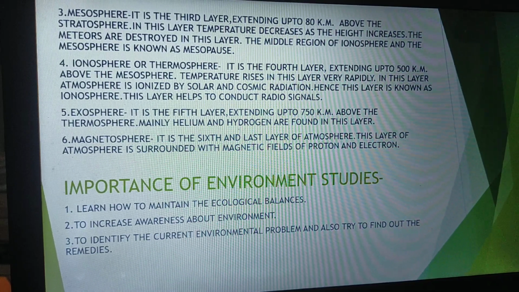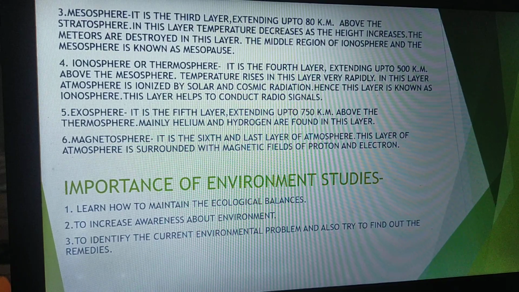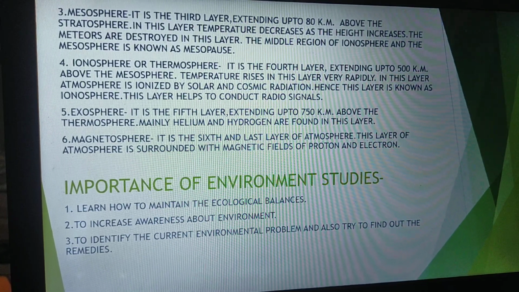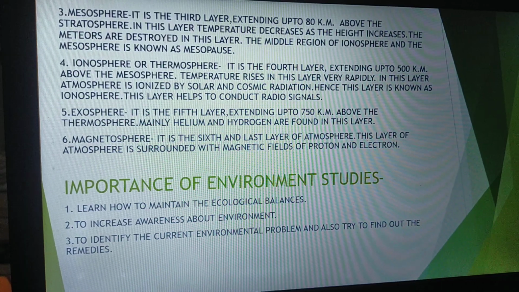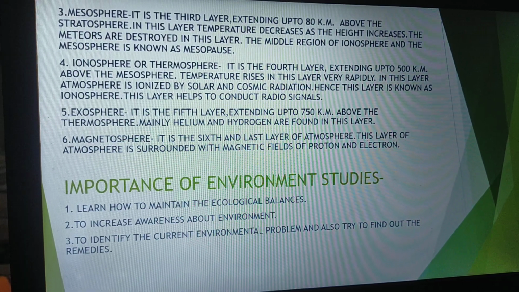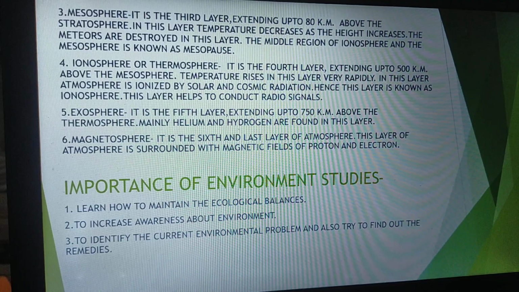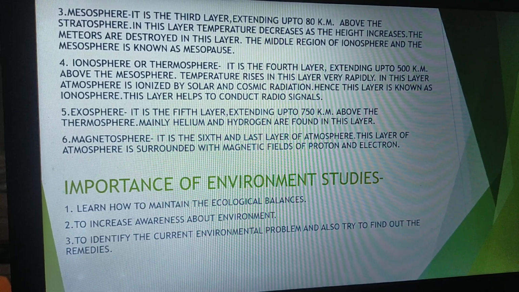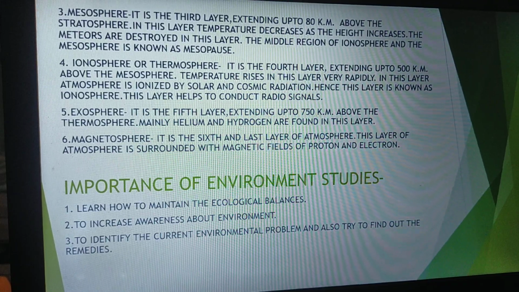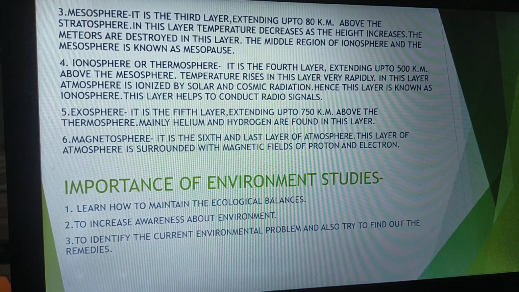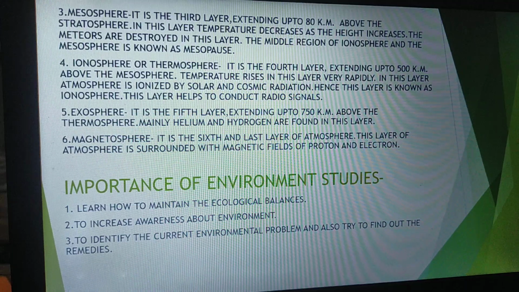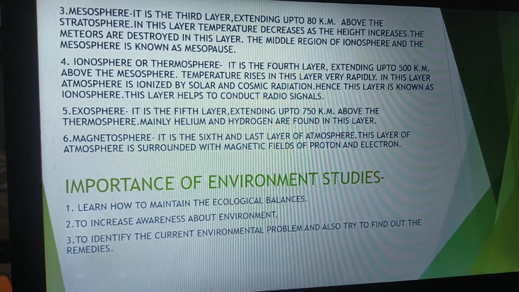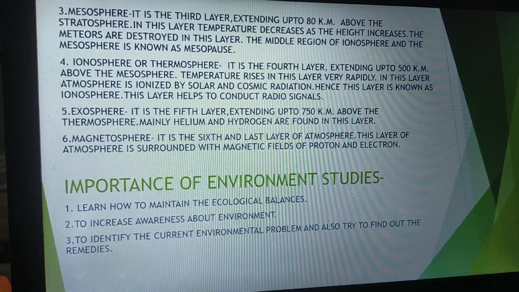The atmosphere is ionized by the solar and cosmic radiation, which results in the auroras, which we see in the northern hemisphere, in Norway, Sweden, in these countries, and it is known as aurora borealis. And in the southern hemisphere, we see the aurora as aurora australis, which are seen in New Zealand and all those countries. So this layer also helps to conduct the radio signals.